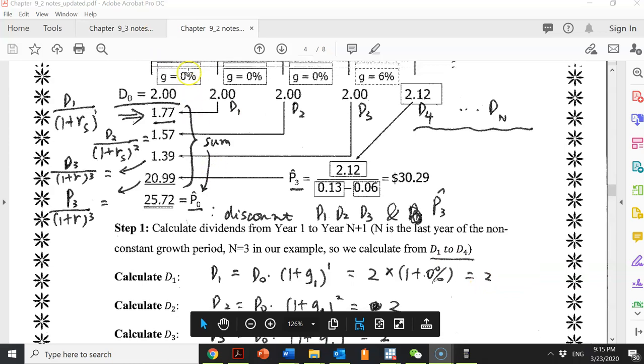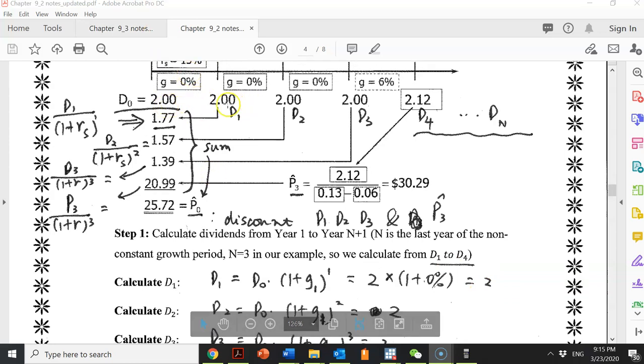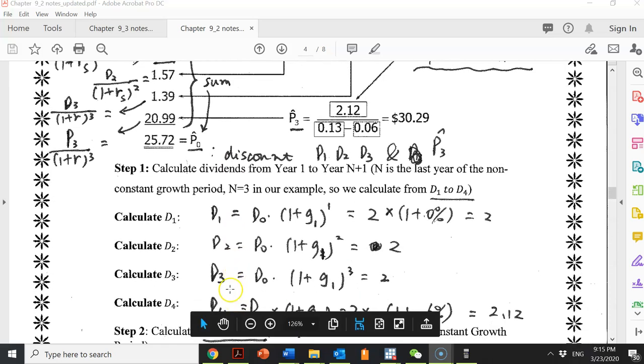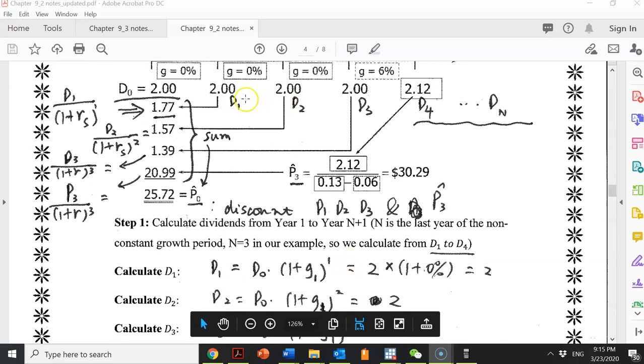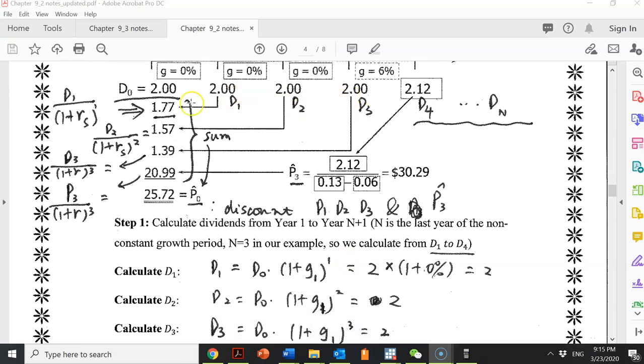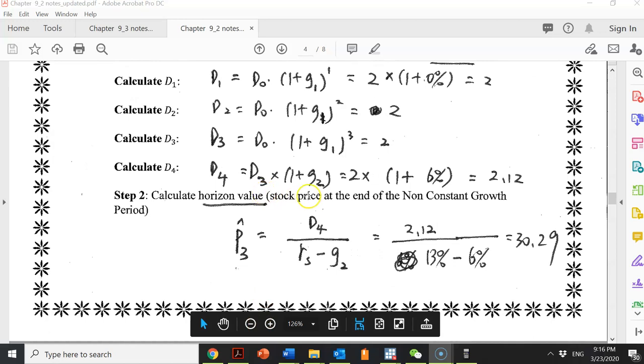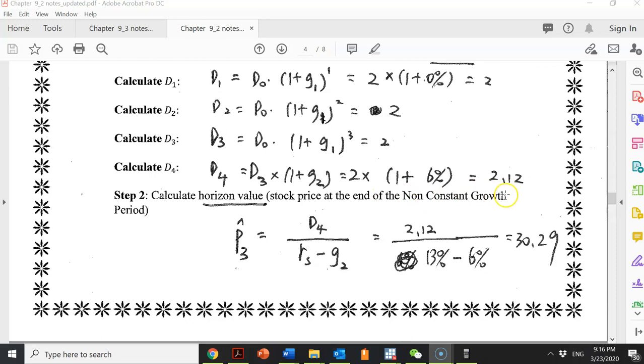The dividend does not change in the first stage. Same applies to D2 and D3. D1, D2, D3 are all $2 because our growth rate in the first 3 years is 0%. For D4, it is D3 multiplied by 1 plus G2, so $2 multiplied by 1 plus 6%, we have 2.12 as D4.